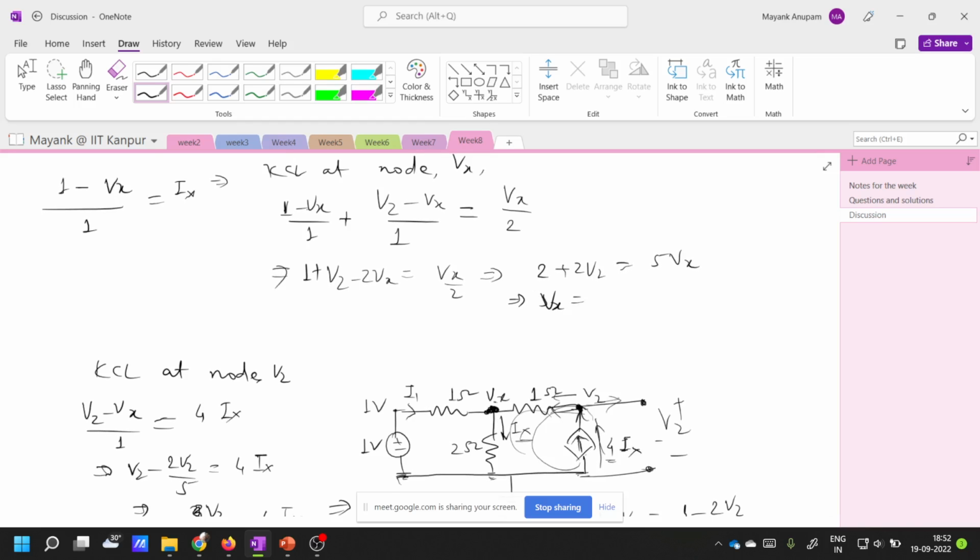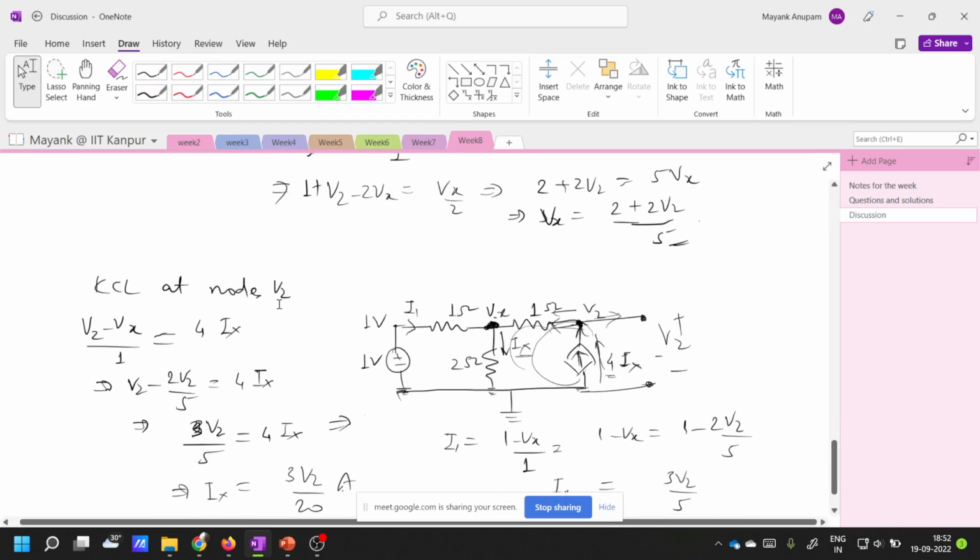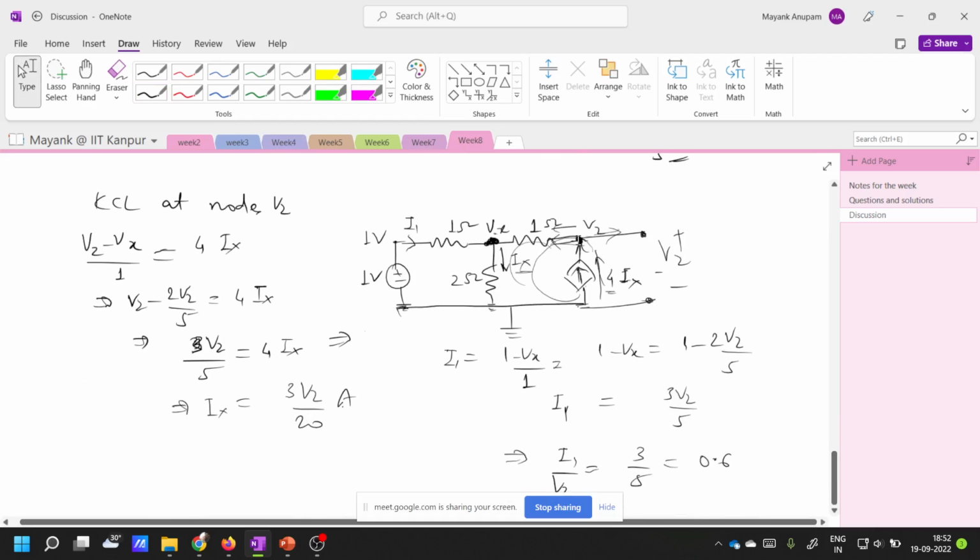So Vx in this case becomes 2 plus 2 V2 by 5, right? Okay, KCL at node V2. V2 here, 4Ix is equal to V2 minus Vx by 1. And let's erase this whole thing here because this is just very wrong.